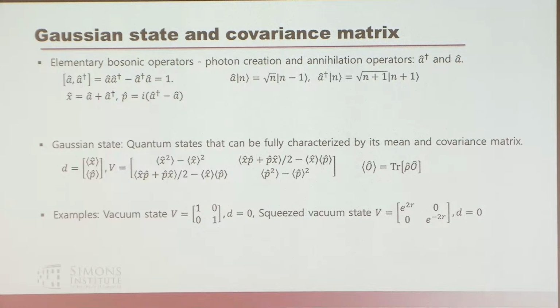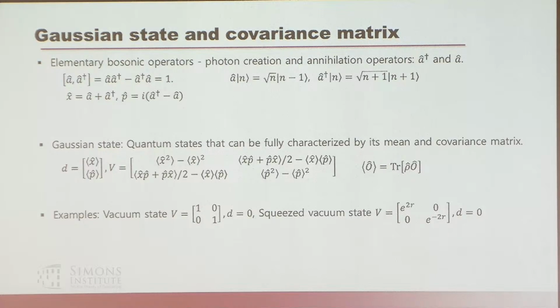There's a free parameter R, called the squeezing parameter, which determines how squeezed the state is. One important property I'm going to use is that if you increase the squeezing parameter R, the average photon number of your state is going to increase.